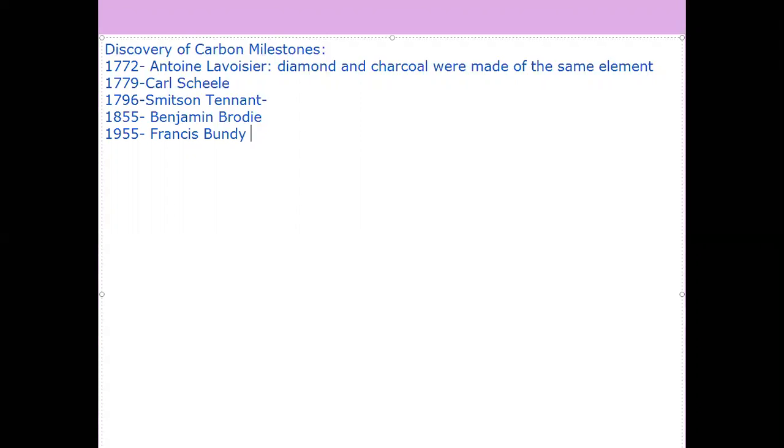Okay, so graphite is transformed to diamond at high pressure and high temperature. This is the way carbon was discovered.